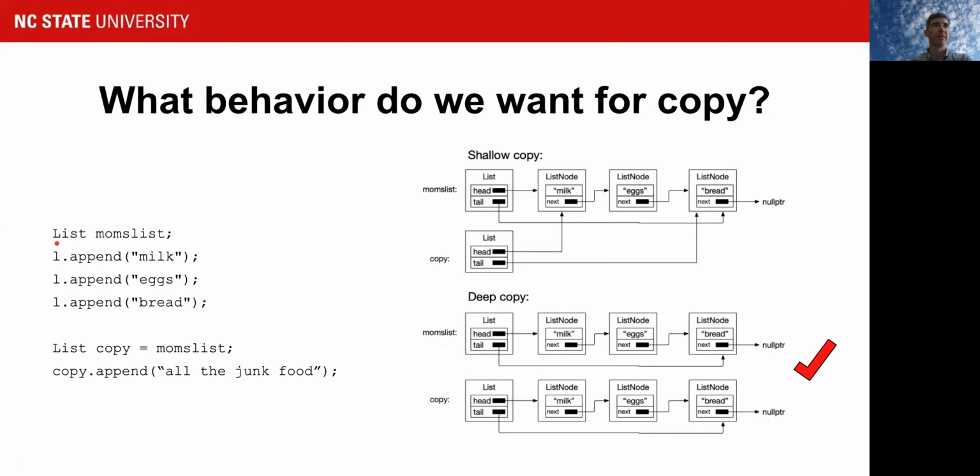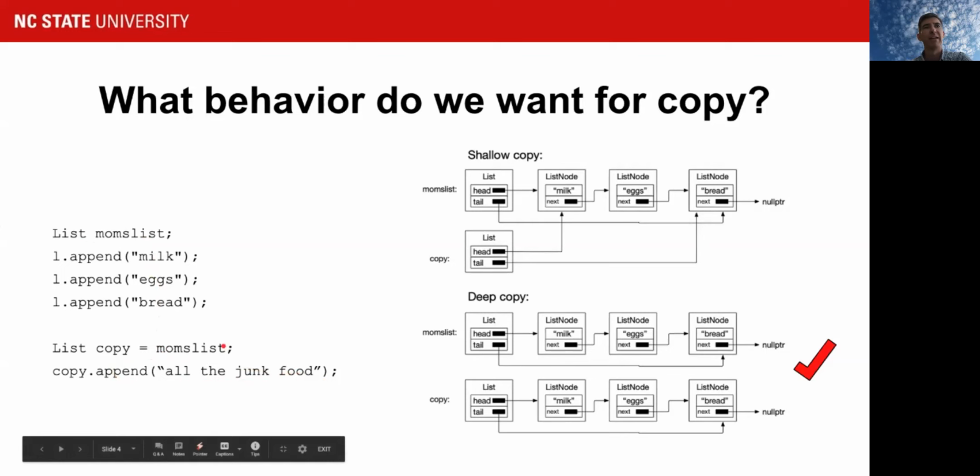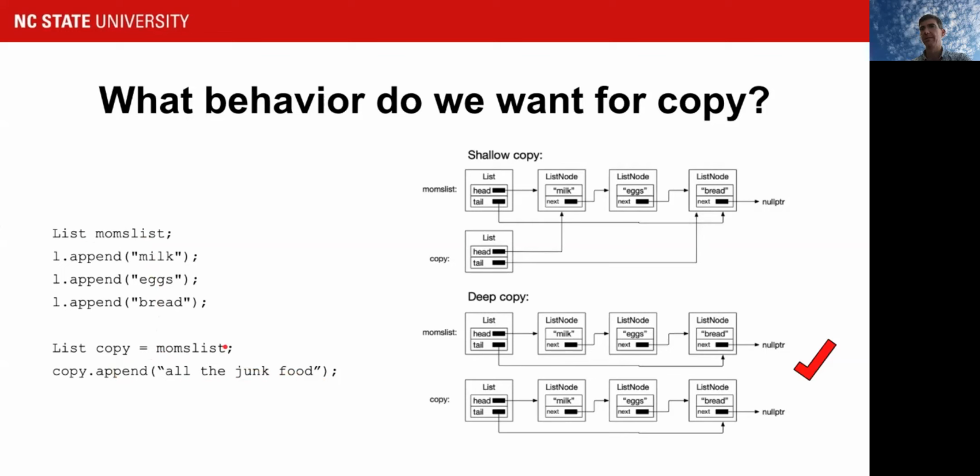If I make a list, let's call it mom's list, with milk, eggs, and bread, and then I make a copy of mom's list and append all the junk food to it, then am I going to have my own list that includes everything on mom's list plus junk food? Or am I actually adding junk food to both of our lists, to both my list and mom's list, right?